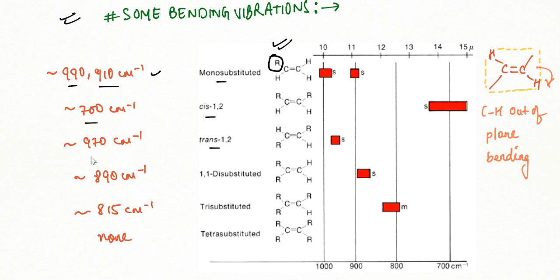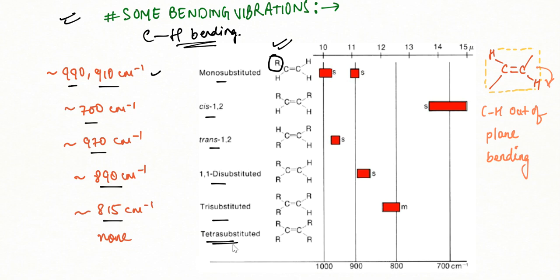For trans, we are having the bending vibration at 970. For 1,1 disubstituted, which is basically our vinylidene system, the value is 1890 centimeter inverse. For tri-substituted, it is 1815 centimeter inverse, and we are talking about the CH bending vibration of these systems over here.